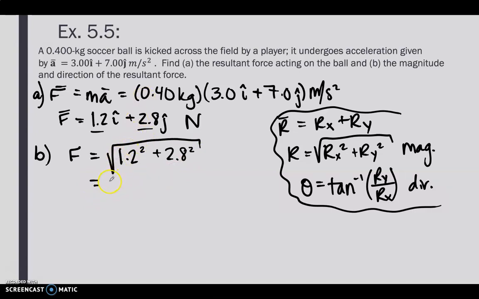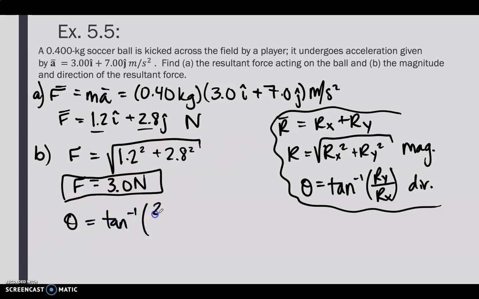Plugging that into your calculator, you'll get 3 newtons, the magnitude of the force. Now if I find my direction, this will be tan inverse of 2.8 over 1.2. I get 67 degrees as my direction.